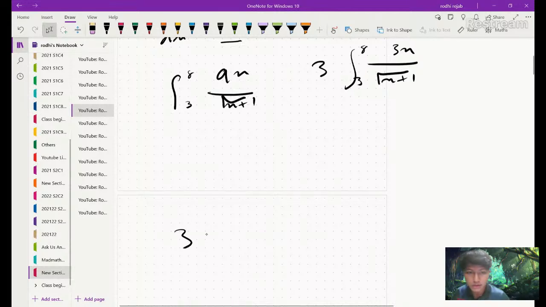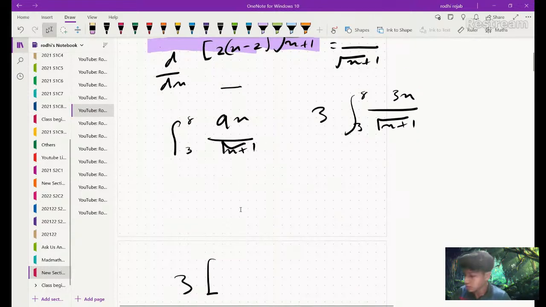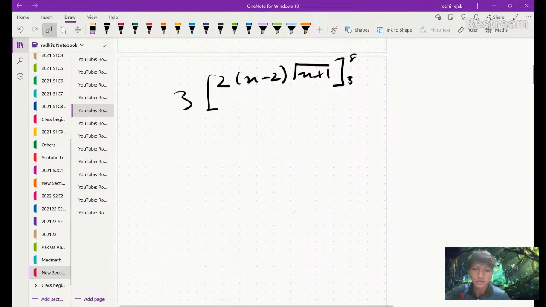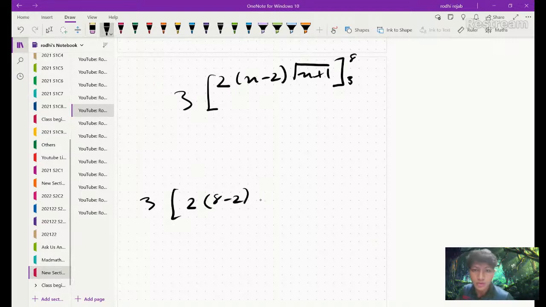So we'll get 3 times 2x minus 2 over 6x plus 1. So now we just have to substitute the 8 and 3 into the equation. So we'll get 3 plus 1.